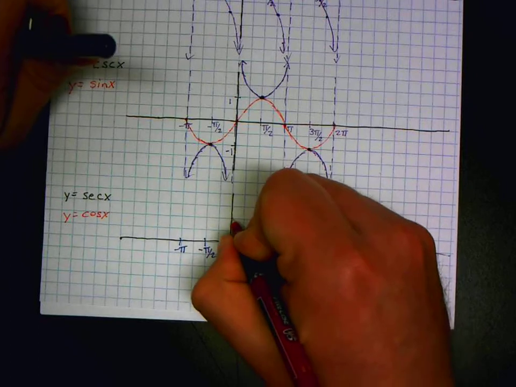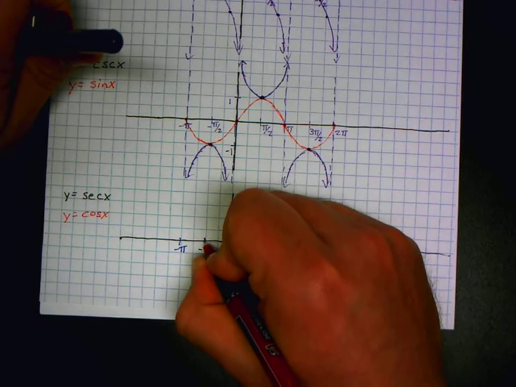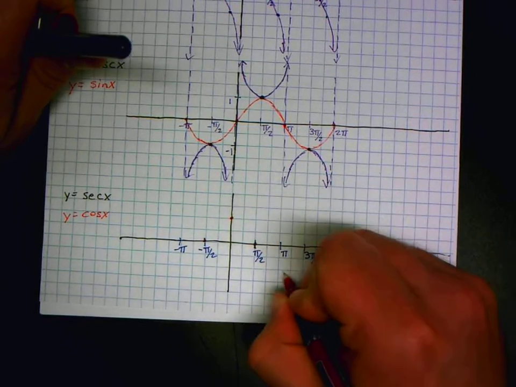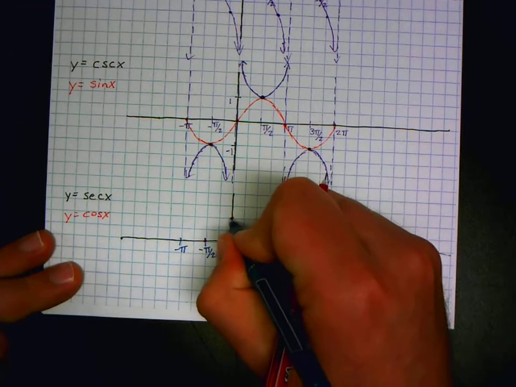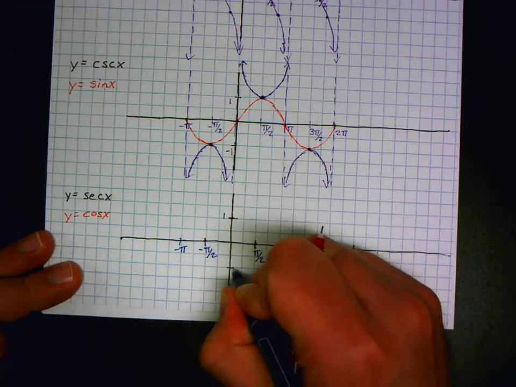Okay, so cosine starts up here. Oh, I should have labeled that. 1 and -1.